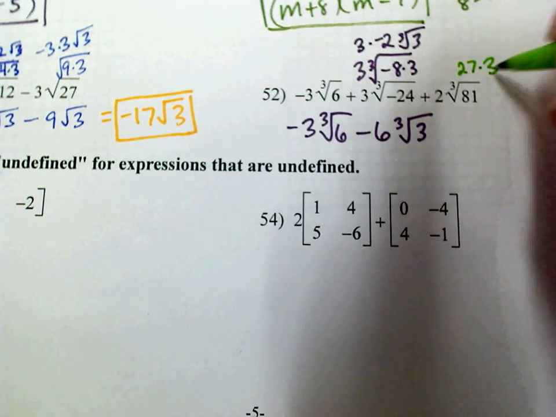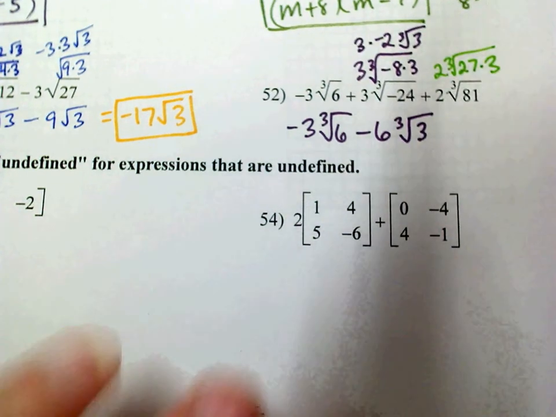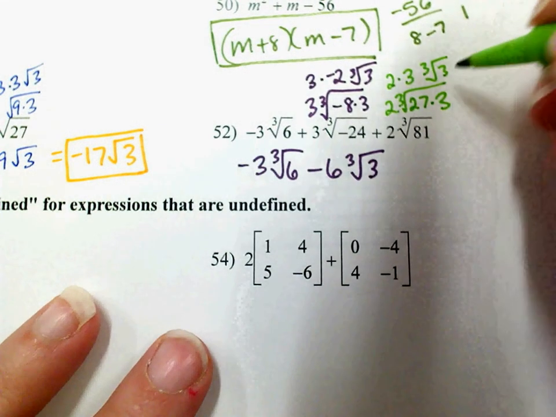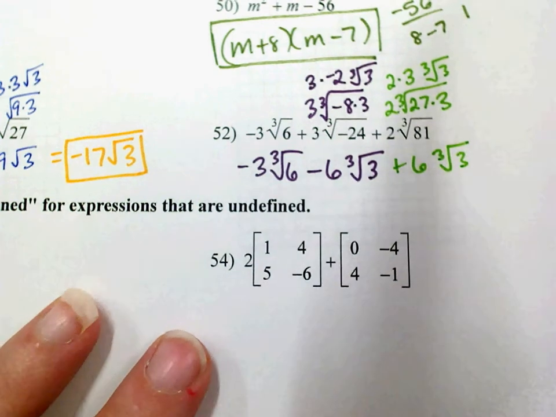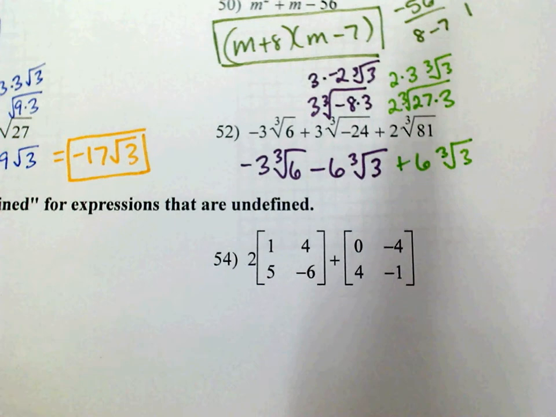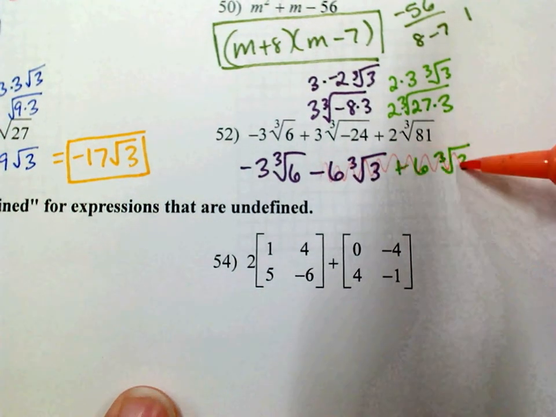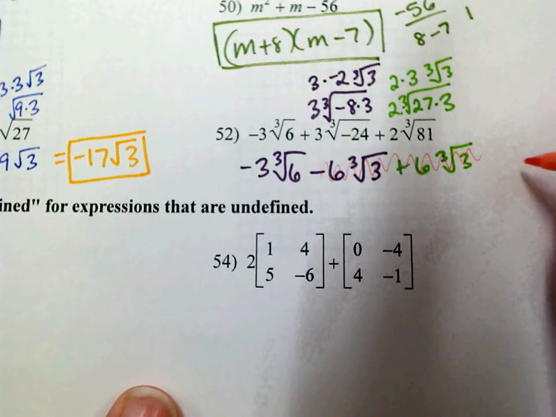And what's the cubed root of 27? 3, so I bring a 3 on the outside and I leave a 3 on the inside, which makes it plus 6 cubed roots of 3. Oh, what happens? So I'm just left with negative 3 times the cubed root of 6.